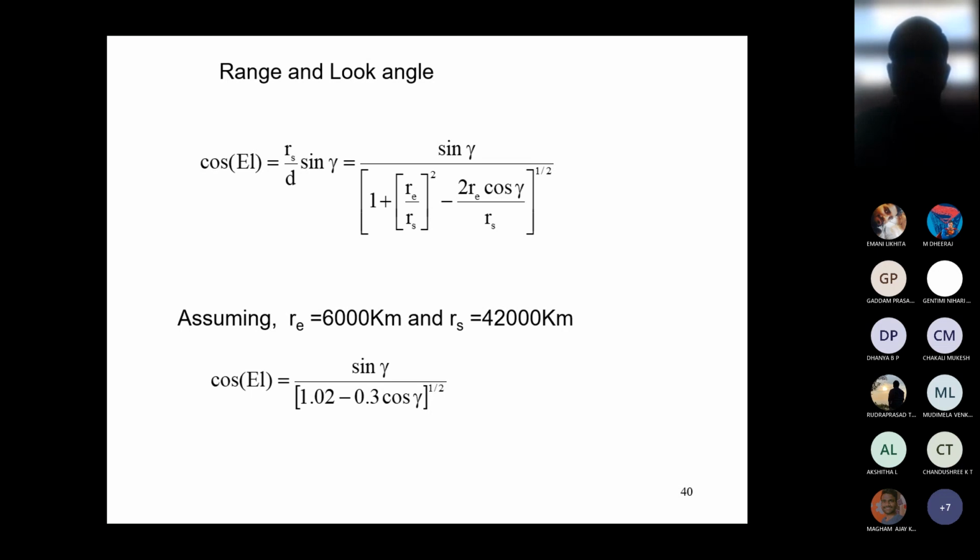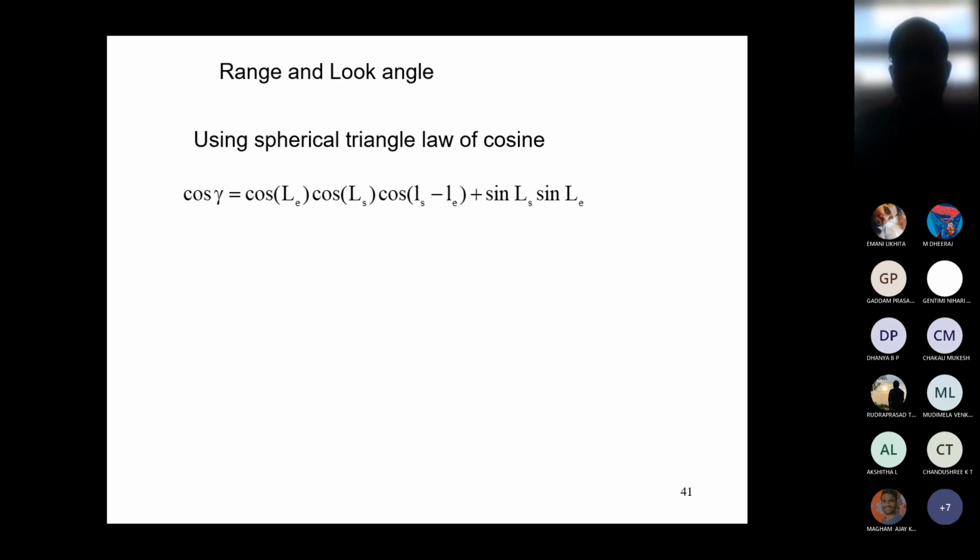To find the cos elevation angle, we use the spherical triangle cosine law. The parameters are the latitude and longitude of the sub-satellite point as well as the Earth station. These coordinates will be given in the problem or the example. Using them, you can easily find the value of cos gamma.